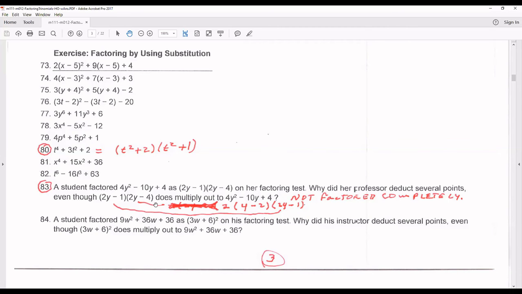So we factor a 2 out of these two, which leaves y minus 2 right here, y minus 2. And this one remains the same. Here would be the complete factorization. They would have been better off factoring this 2 out at the very beginning right up here.